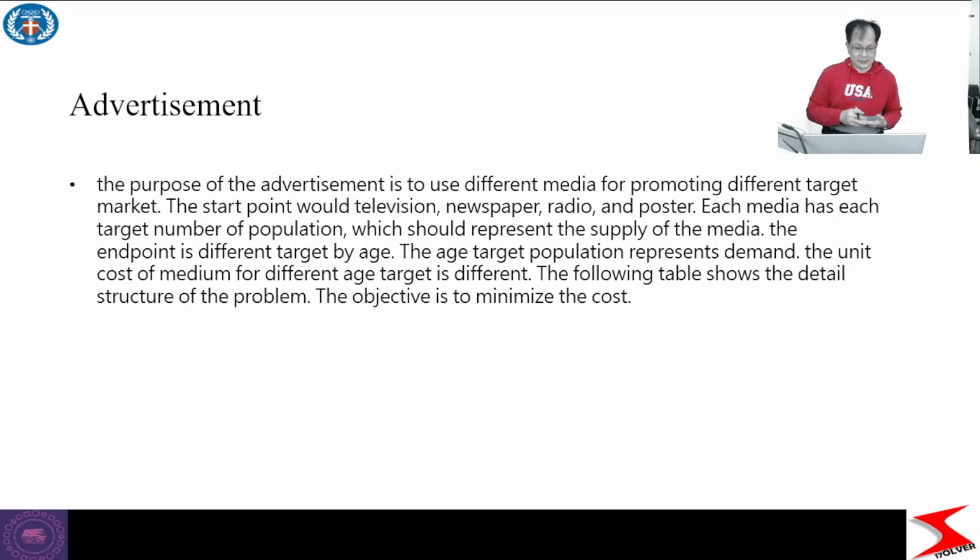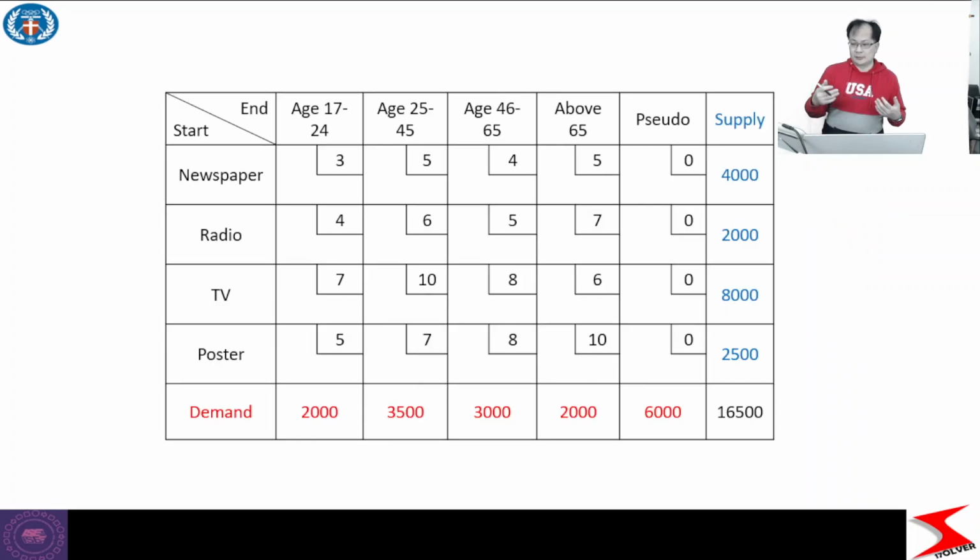Each media has its target number of population, which represents the supply of the media. The endpoint is different targets by age. The age target population represents demand. The unit cost of media for different age targets is different. The following table shows the detailed structure of the problem. The objective is to minimize the cost. Okay, so we will have something like that.